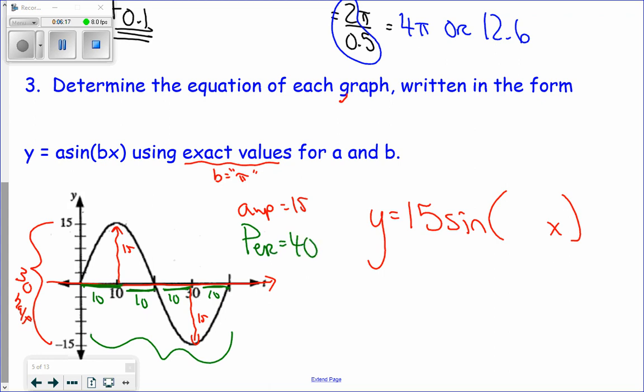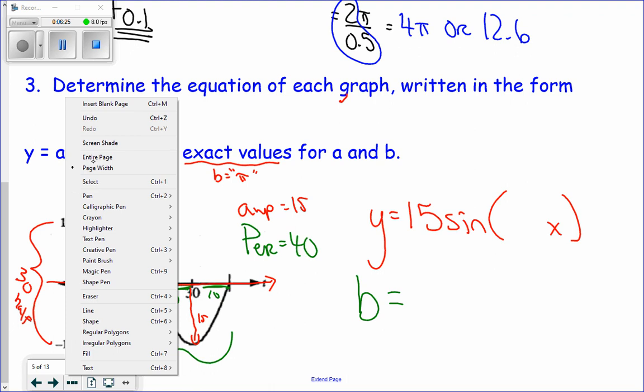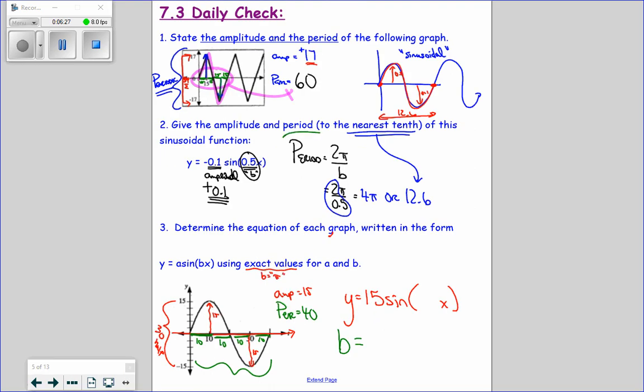Now, I need to find the B value. All you have to do is take this formula here and swap these two around. So you're going to write B equals 2 pi over period.